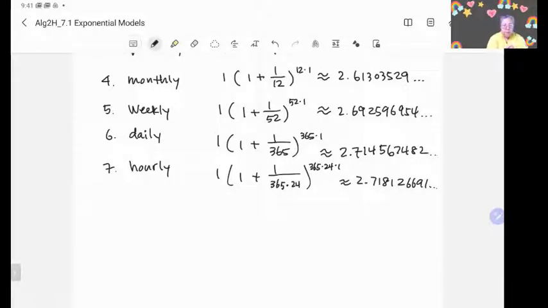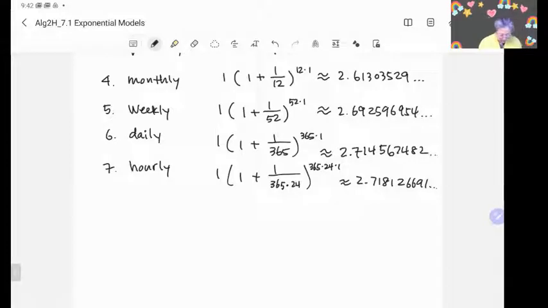But between once a year and hourly, or we can just think about minutely and even secondly and so on, the numbers that you get with even shorter periods of time are going to be very similar, around 2.7.